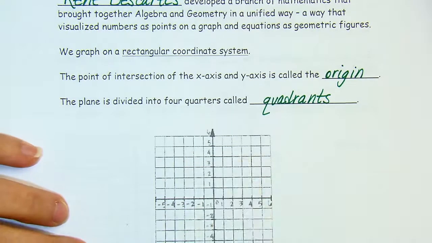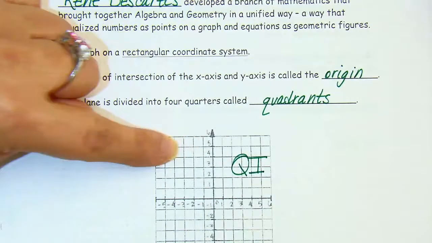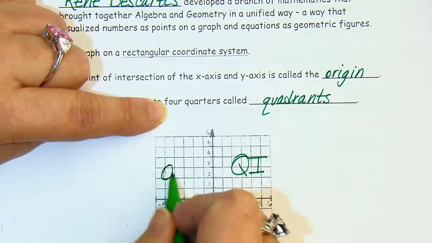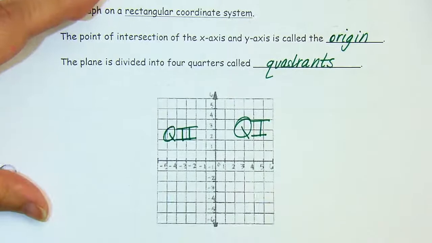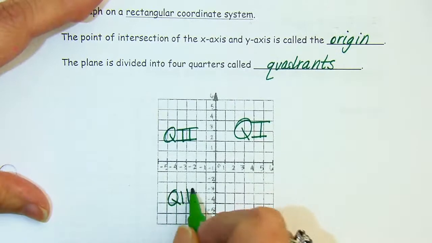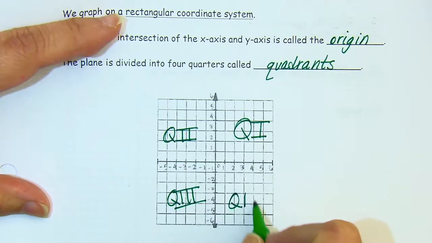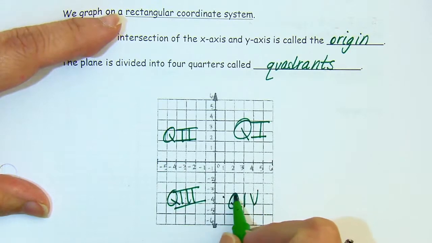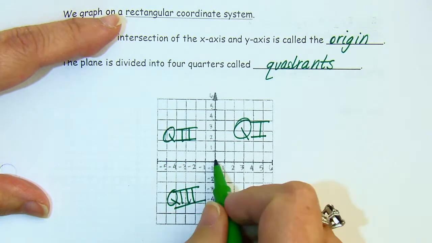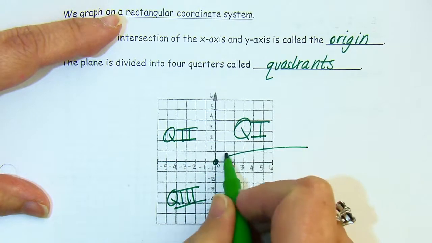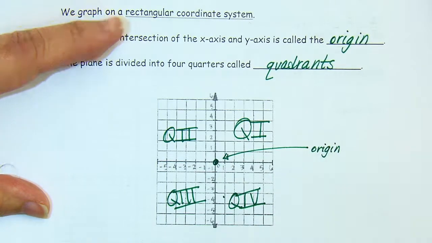Well, the upper right-hand corner is quadrant 1. To the left of it, we go counterclockwise, quadrant 2. Below it, quadrant 3. And finally, quadrant 4, Roman numerals. So we're going to use IV to mean 4. And we will identify the intersection point of the 2 axes and say that is our origin.